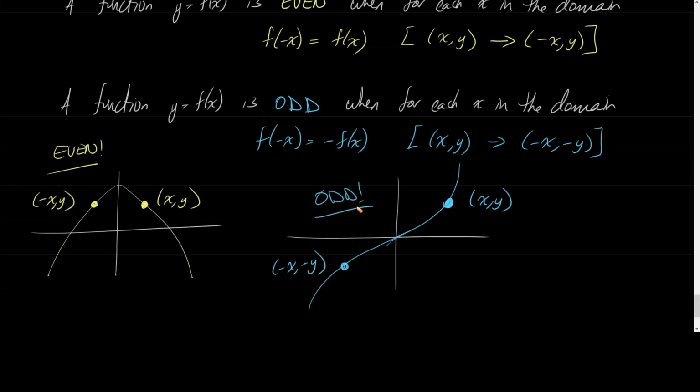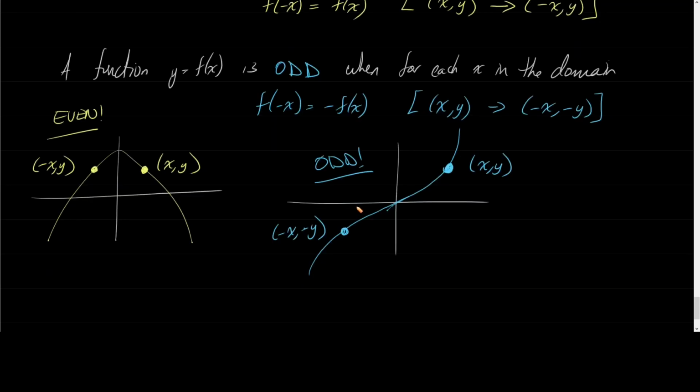Graphically speaking, even functions are symmetric about the y-axis, whereas odd functions are symmetric about the origin.